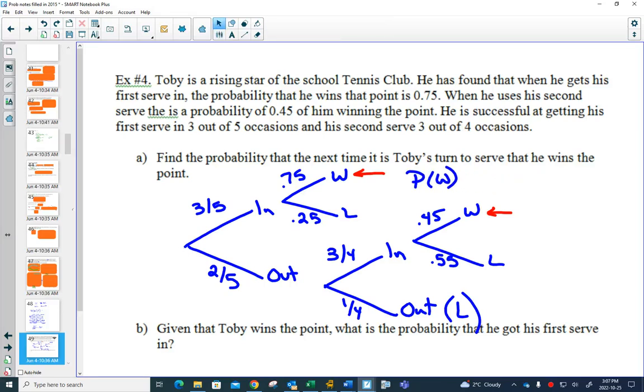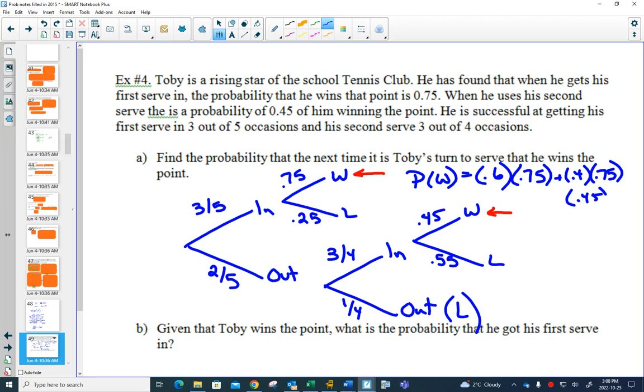So probability of winning. Well, the first W was a 0.6 chance, that's 3 out of 5, multiplied by 0.75. The second one would be plus 0.4 chance times 0.75 chance times 0.45 chance. Can you see how there's 3 branches to get the win with the second serve?